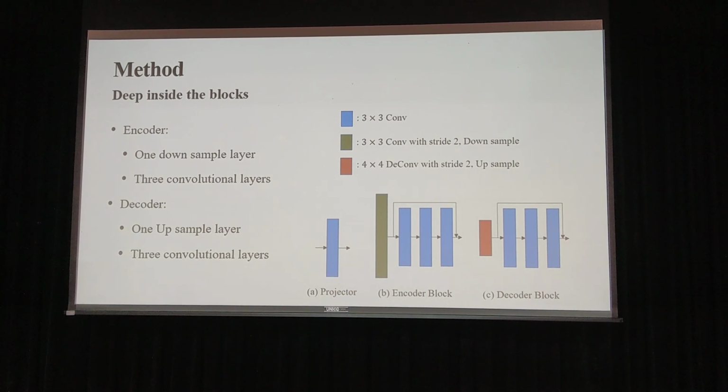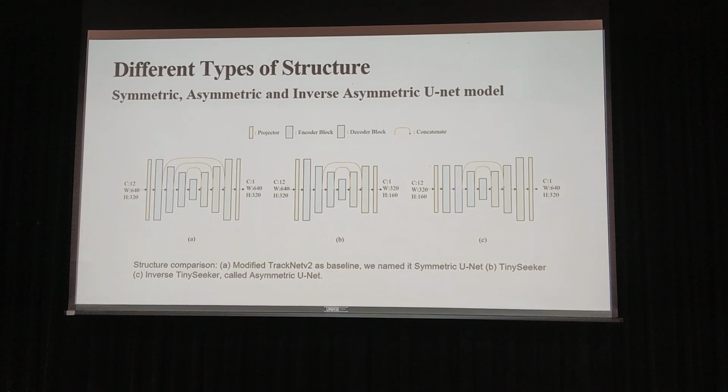As for decoder block, we apply 1 4x4 deconvolutional layer to do the upsample and also connect it to 3 convolutional layers. To provide a comprehensive understanding of the TinySeeker architecture, we present both the symmetric and asymmetric UNet models in the figure below. We emphasize the distinctions between these structures and emphasize the advantage of TinySeeker.